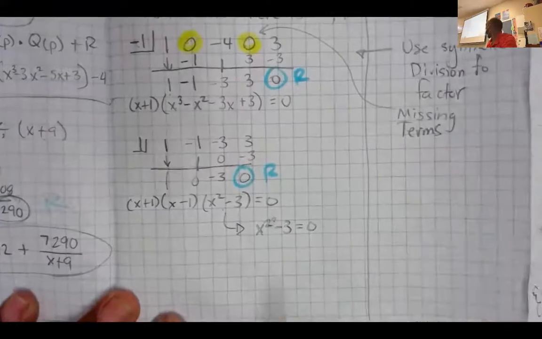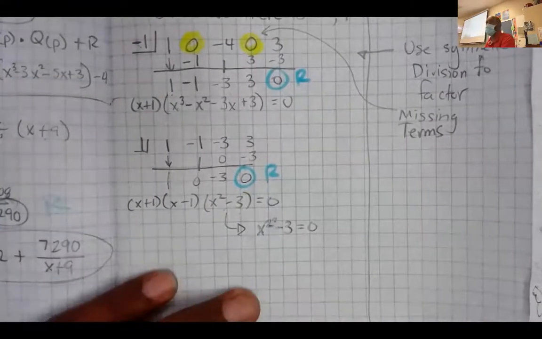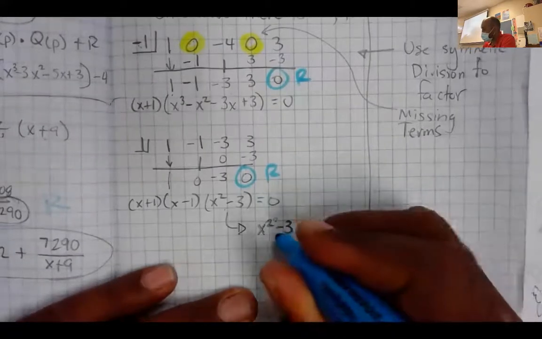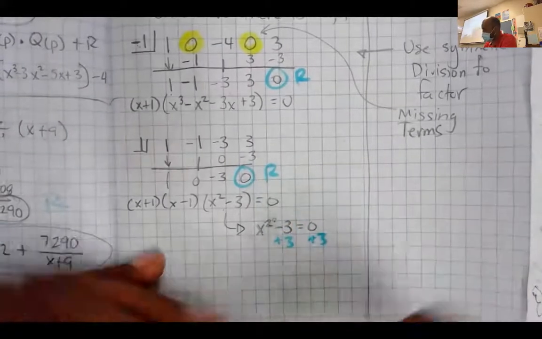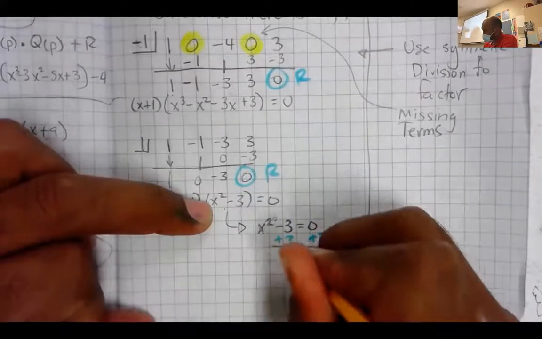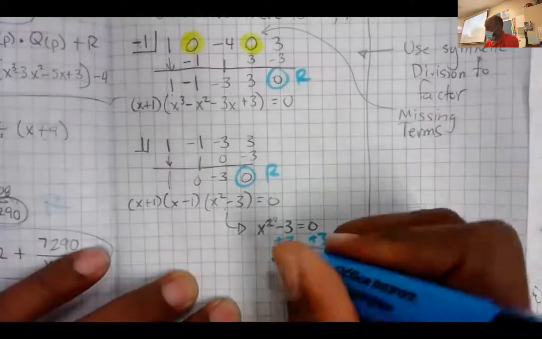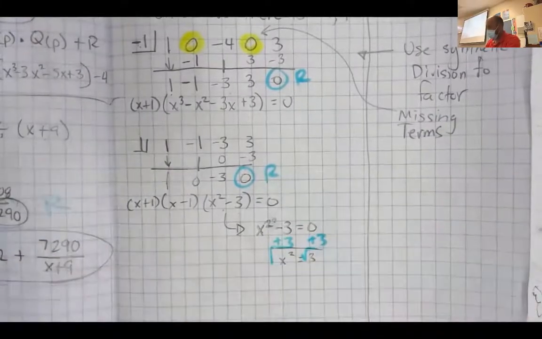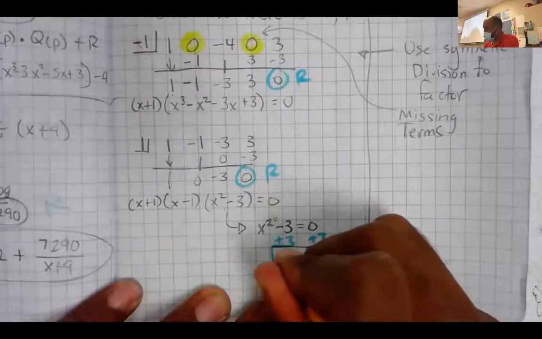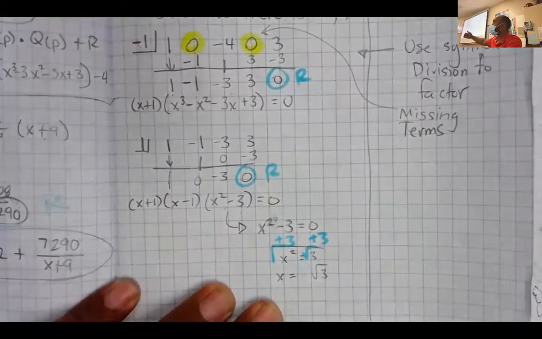So what do you think the first step is here? All right, add 3 to both sides. X squared equals 3. What's the last step there? Square root. So x equals the square root of 3. Now, when you square root a number, what do we have to remember?